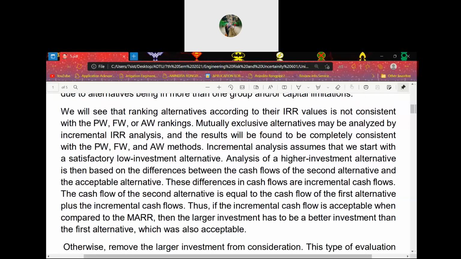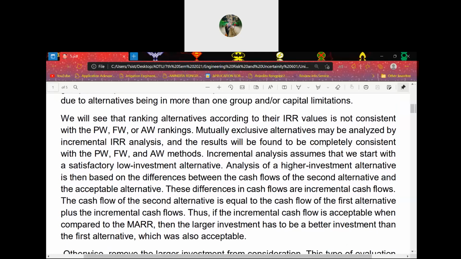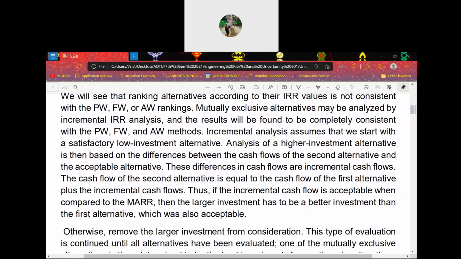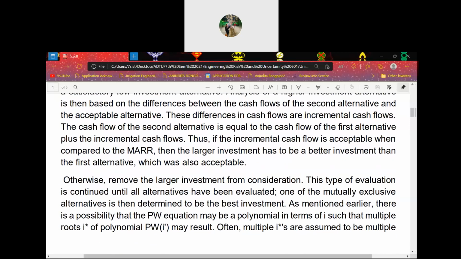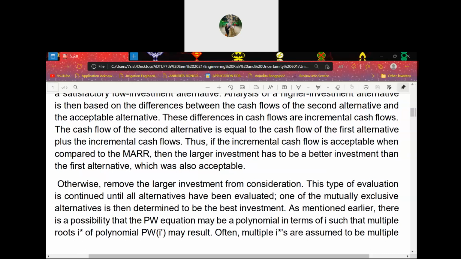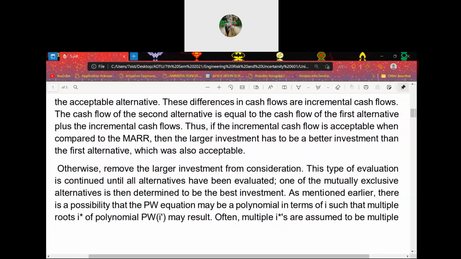Thus, if the incremental cash flow is acceptable when compared to MARR, then the larger investment has to be a better investment than the first alternative, which was also acceptable. Otherwise, we have to remove the larger investment from consideration, and this type of evaluation is continued until all alternatives have been evaluated. One of the mutually exclusive alternatives is then determined to be the best investment.